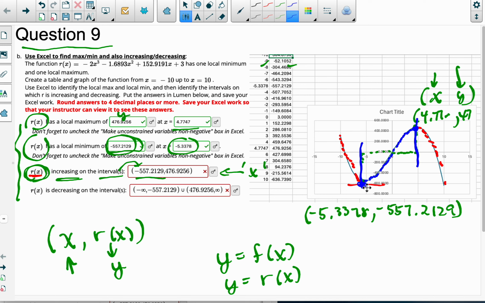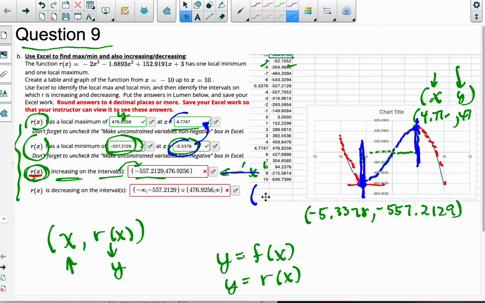So it would go from my minimum point all the way up to where my maximum occurs, but I want the x values. So this would be an x value of negative 5.58 all the way up to an x value of 4.77. That gives me where my function is increasing.